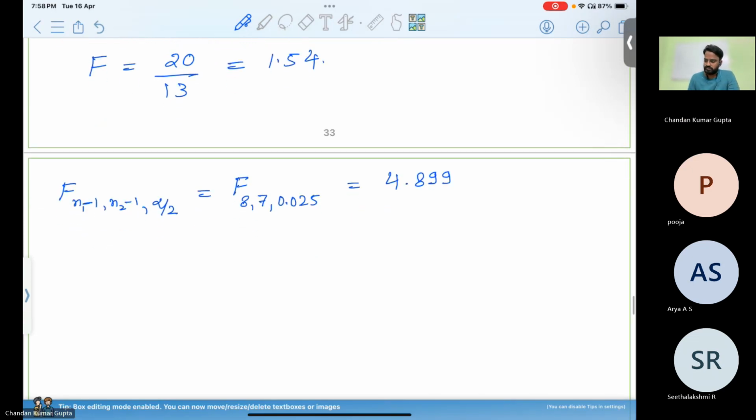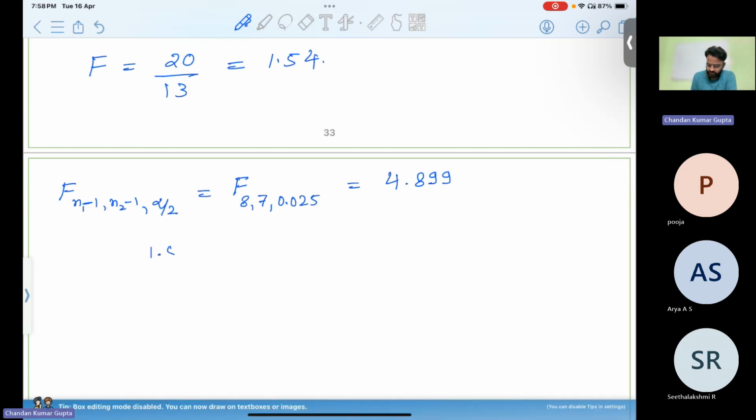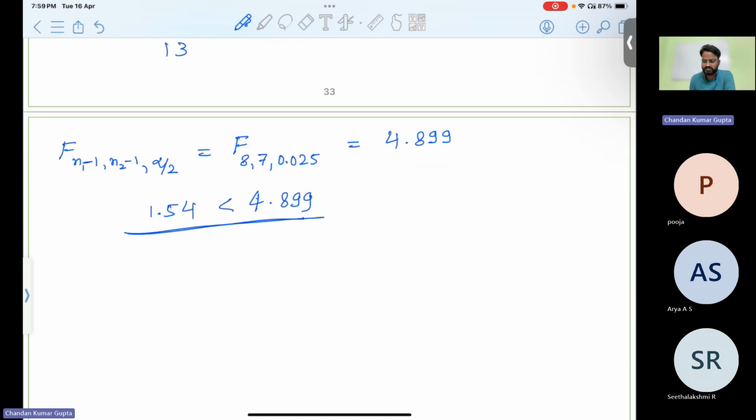So 1.54 is less than 4.899. We reject H naught if the calculated value is greater, but here the calculated value is less and the tabulated value is greater, so we fail to reject H naught.